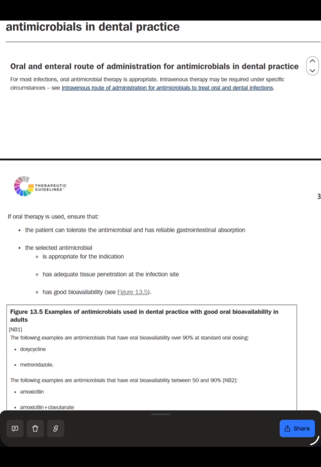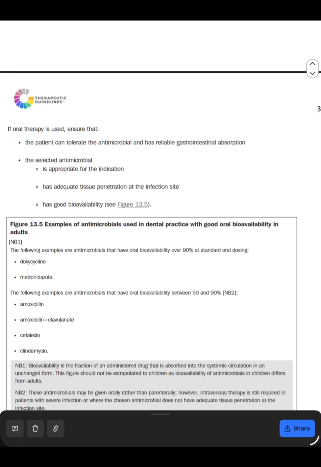If oral therapy is used, ensure that the patient can tolerate the antimicrobial and has reliable gastrointestinal absorption. We also need to ensure that the selected antimicrobial is appropriate for the indication, has adequate tissue penetration at the infection site, and has good bioavailability.